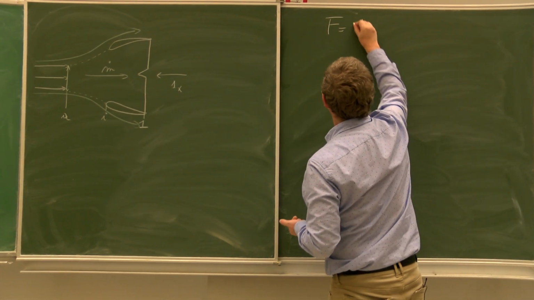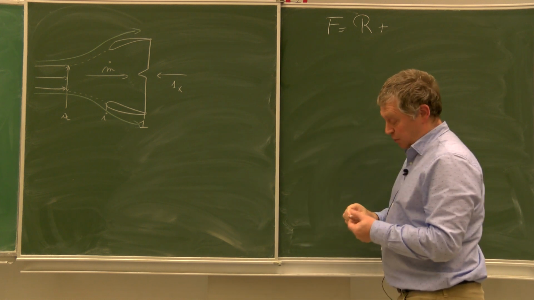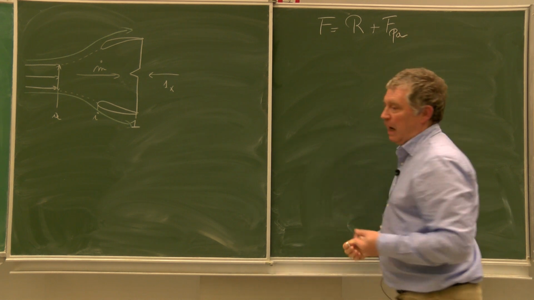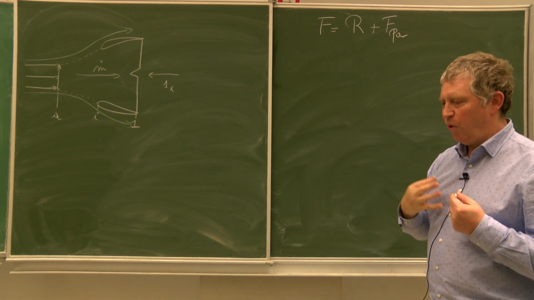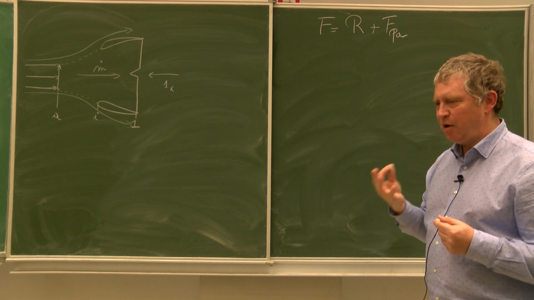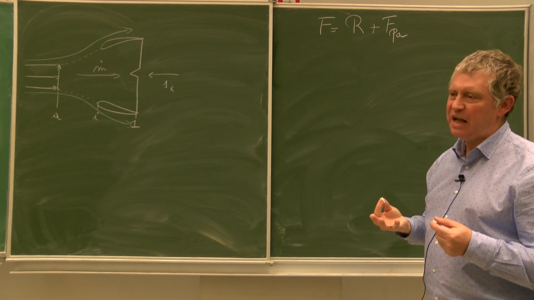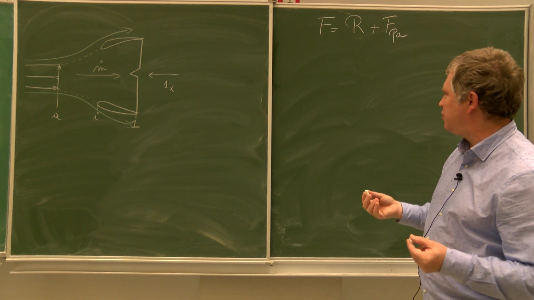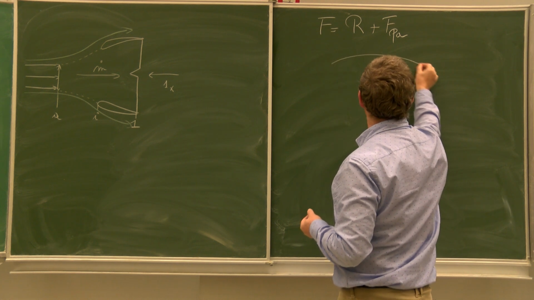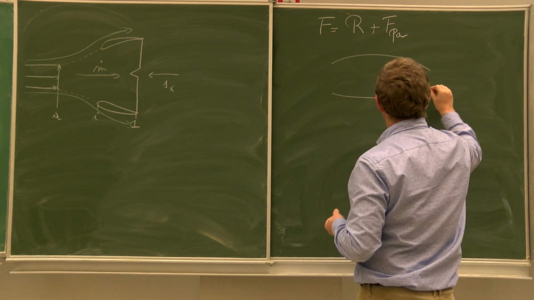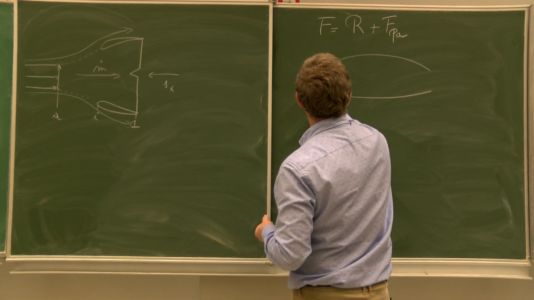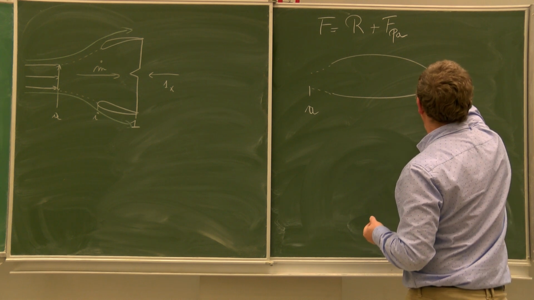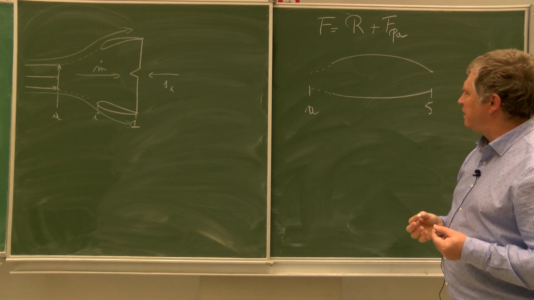We have considered that it was a vectorial sum of R and FPA, R being the reaction of all the gases, air and combustion gases passing inside the engine, and the action of PA on the external side of the engine. And when we say the external side of the engine, this is from the section A down to the section 5. This is what we consider.